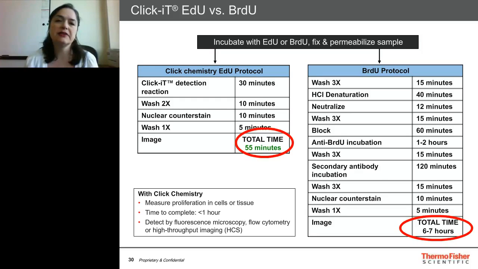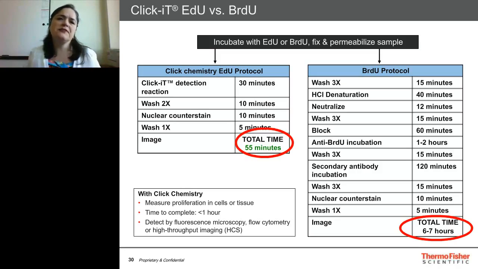Whereas with ClickIt EDU you feed the cells, they proliferate, and then the actual hands-on work is about an hour, and you get a really nice readout in fluorescent microscopy or flow or high throughput imaging of which cells are proliferating and which are not.